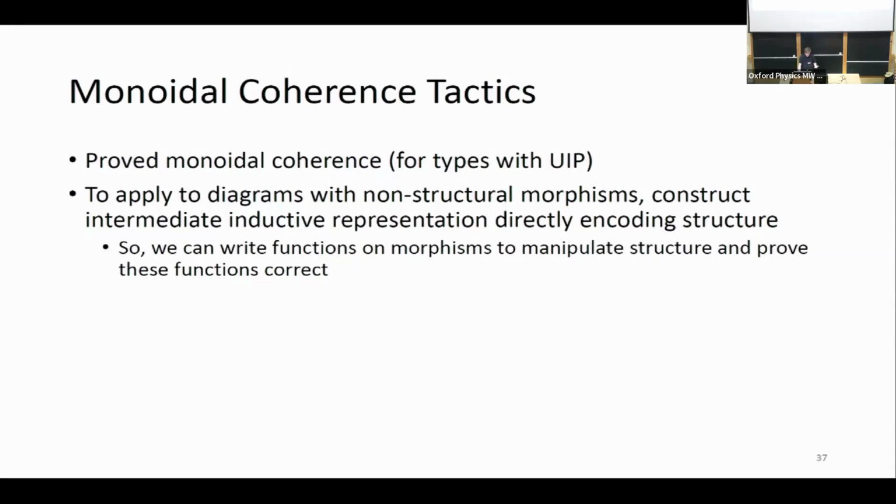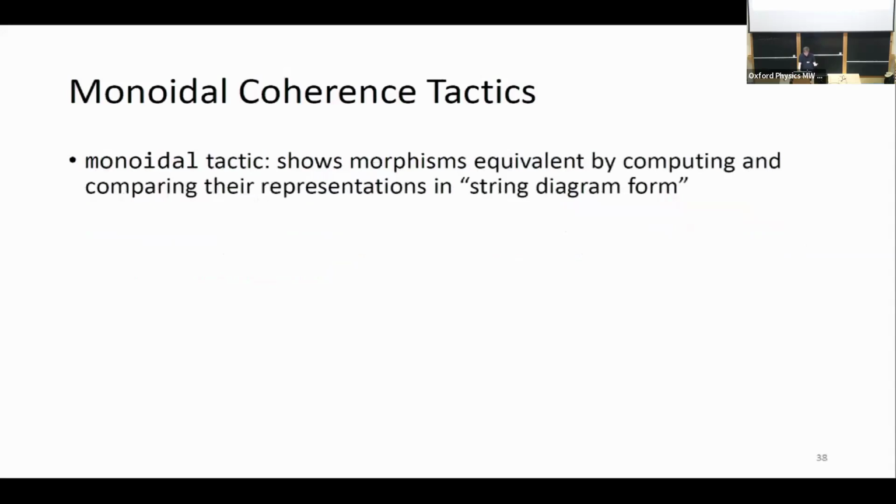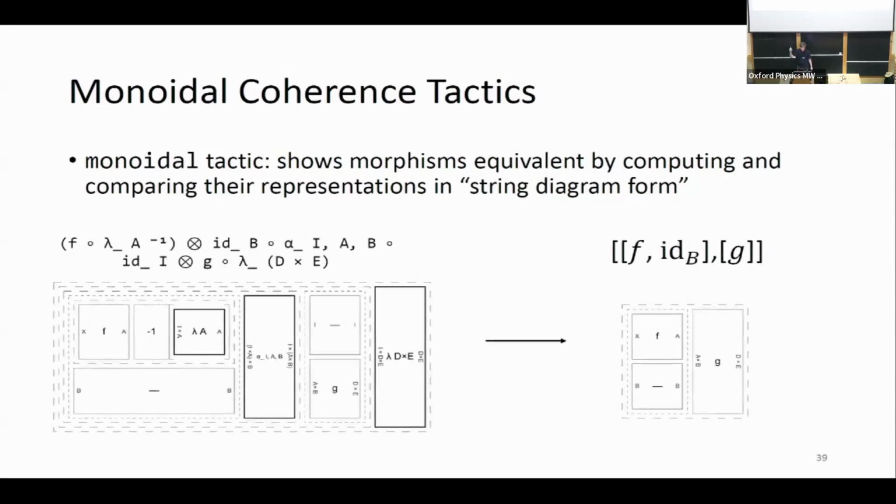And this gives us the monoidal tactic, which basically says if two terms, when represented as string diagrams, would look the same, then this should prove it. So for instance, we have a term we saw before, which has a bunch of associators and uniters, but fundamentally is just this simple diagram.